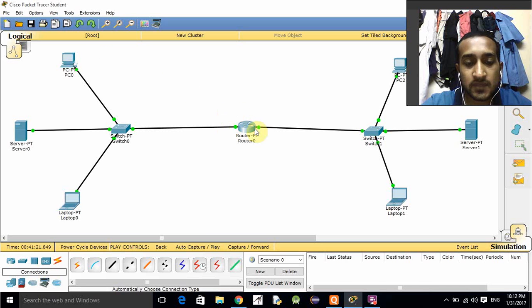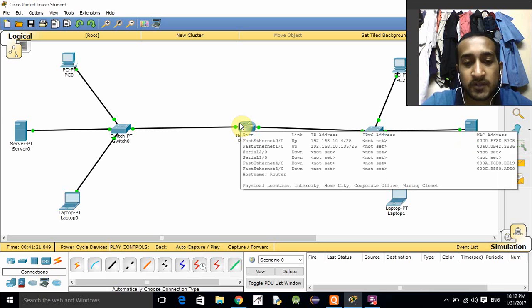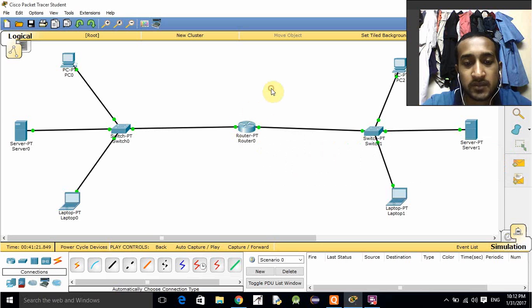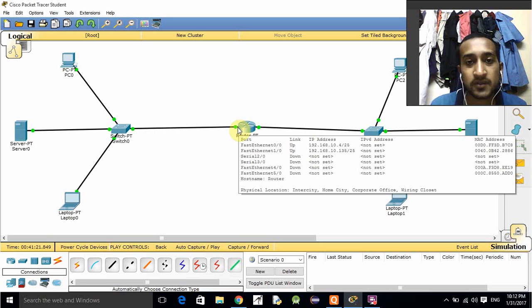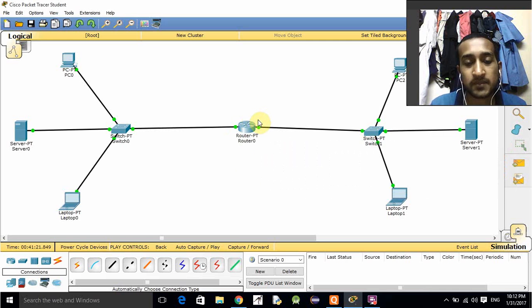And as we all know, a router needs two different networks to be connected; it cannot be connected to a single network. To communicate between this local area network and this local area network, they should be in the same network, but as we have divided the IP into two networks, these two local area networks will not be able to communicate with each other.